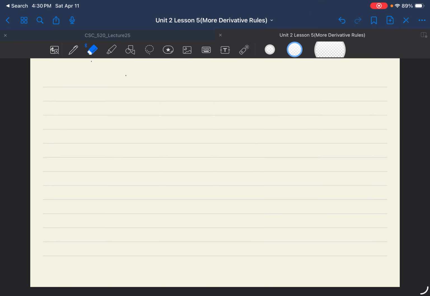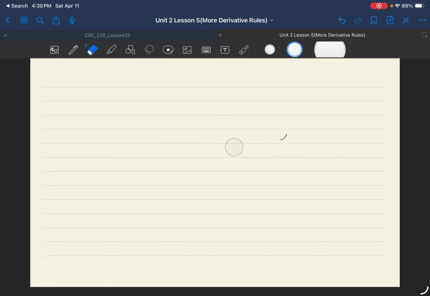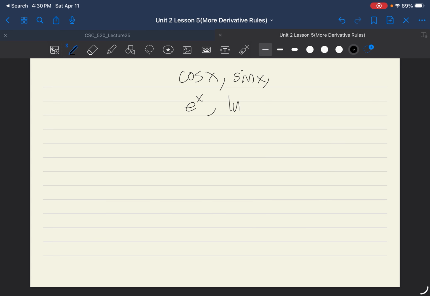All right, everybody, welcome back to Unit 2, Lesson 5. We have 4 new rules to talk about today. They are going to be the rules of cosine of x, sine of x, e to the power of x, and then the natural log of x.